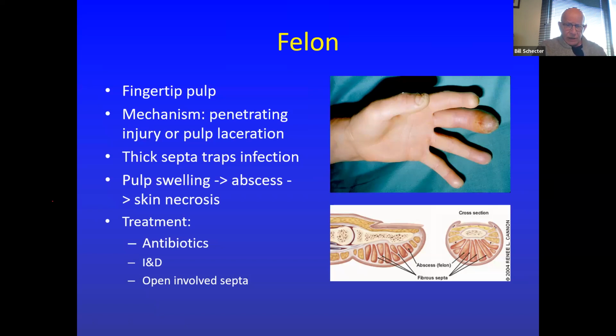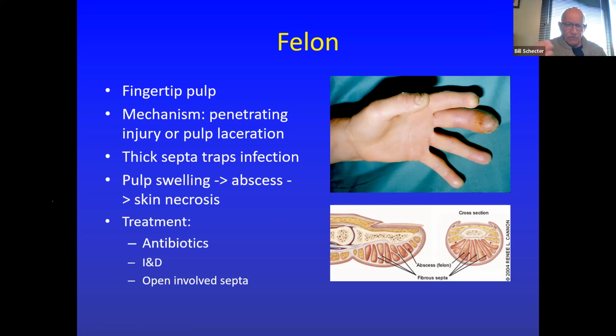And what's interesting about a felon, remember I told you that there are fibrous bands connecting the skin to the distal phalanx that traverse through the fatty tissue over the distal phalanx.